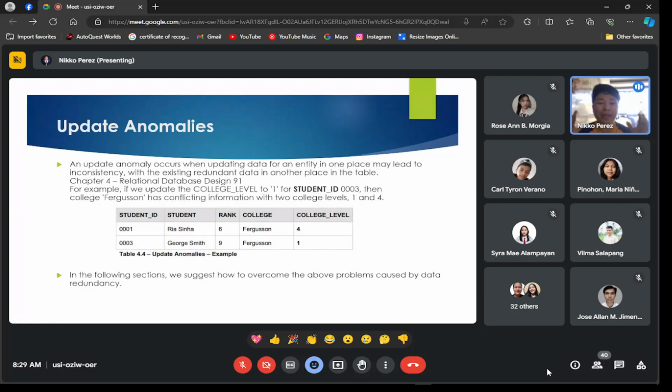So there will be confusion. Why is Ferguson 4, what is the true value, is it 4 or is it 1? Especially for those records that should be matched accordingly. Ferguson or the college can't be one 1 and one 4, right? So that should always be equivalent, no?